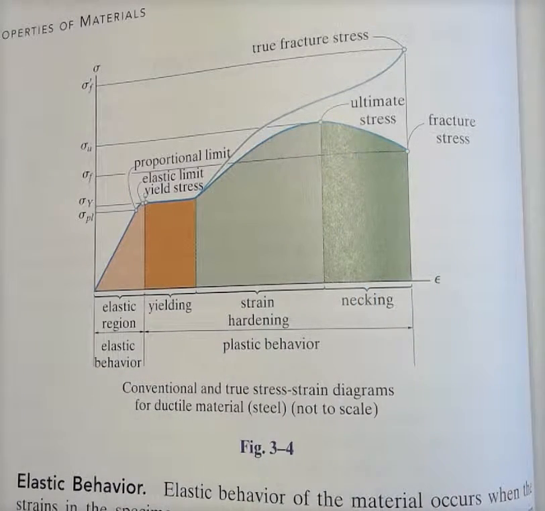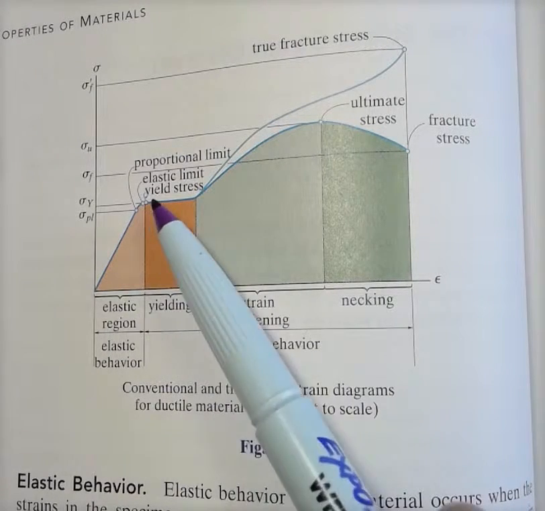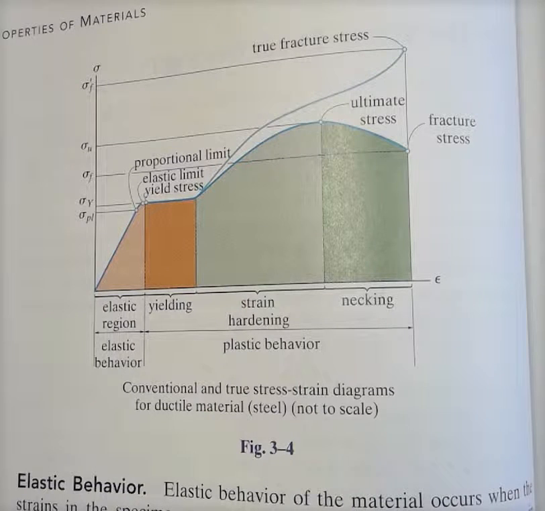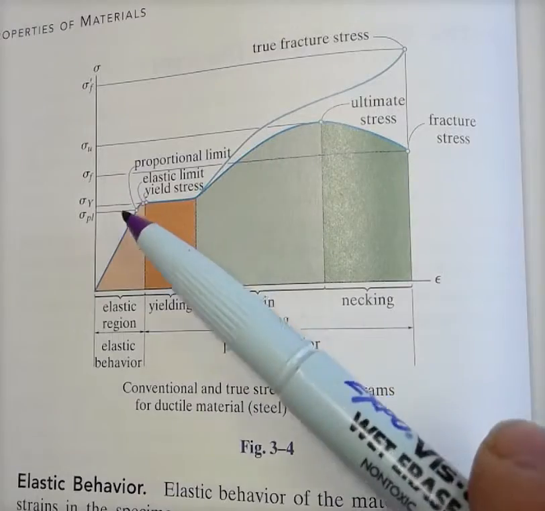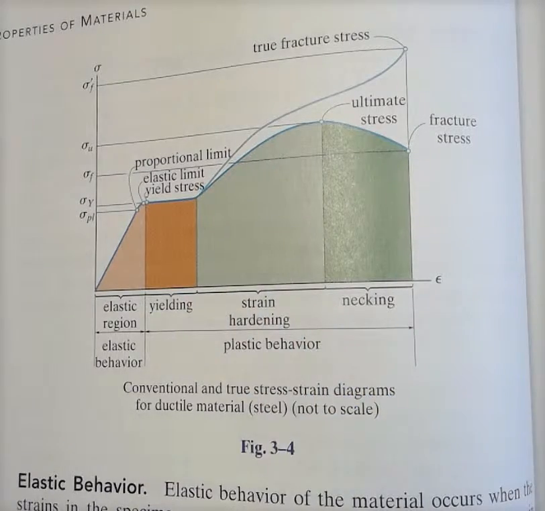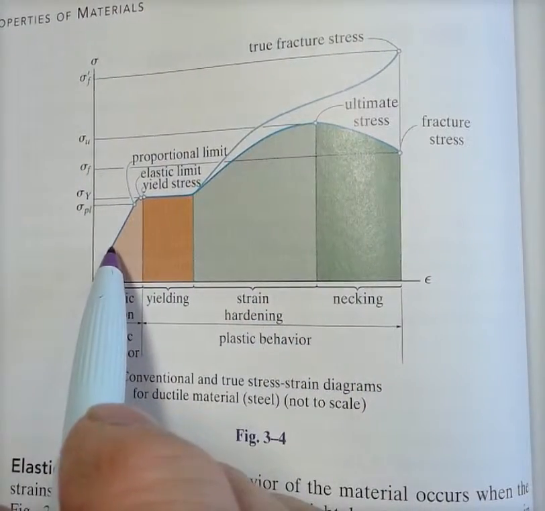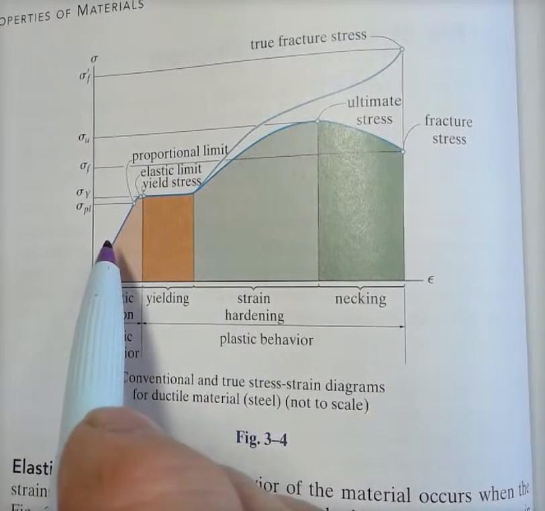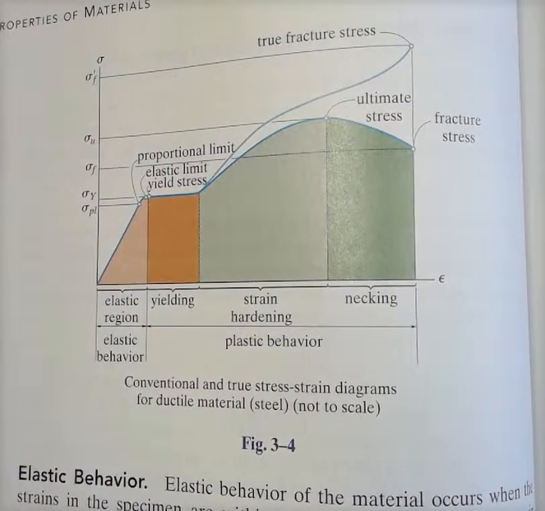But in this class, we just don't live up there. We don't design steel to yield. We design steel in a bridge, aluminum in an airplane, wood in our house to behave in the elastic region. So Hooke's law is valid down here in the elastic region, and this is where we'll spend most of our time.